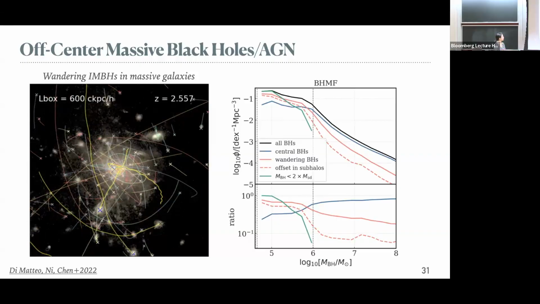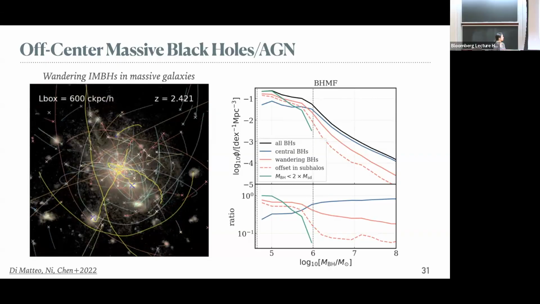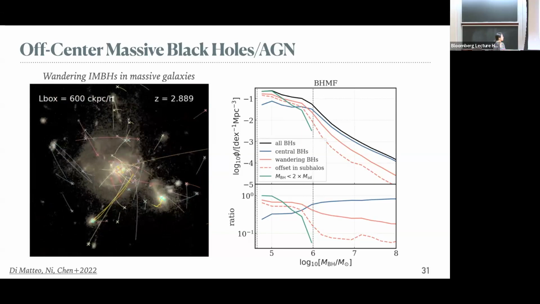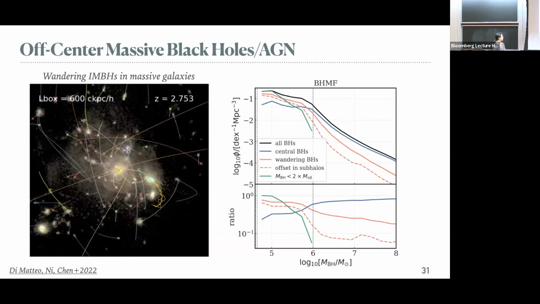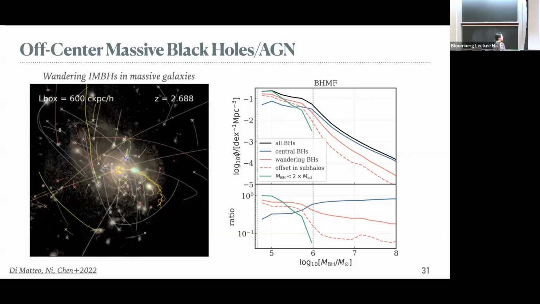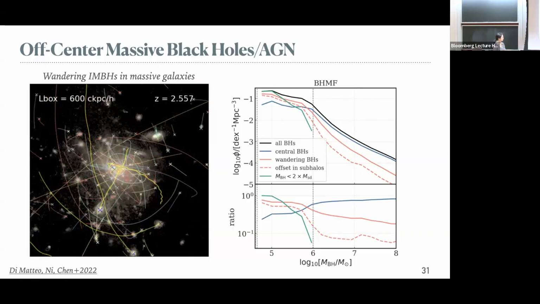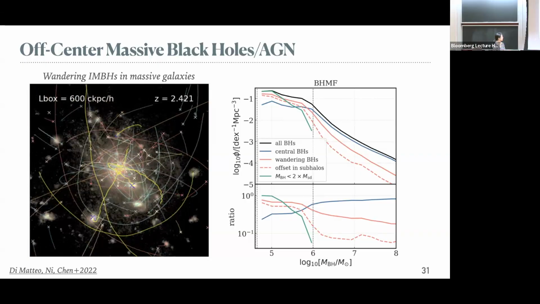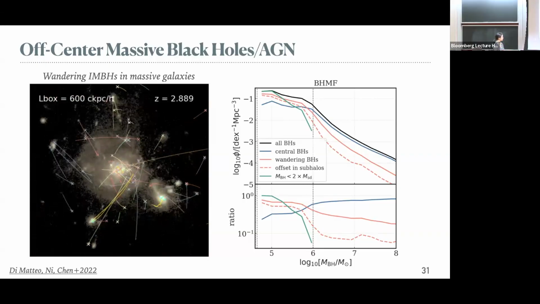And then on the massive end, however, we still see a significant fraction of these wandering black holes and off-center black holes. For example, if you go to 10 to the 8 solar masses, we still found about 10% of the black holes that are wandering, and then about 5% or so of these black holes are off-center in the subhalos.